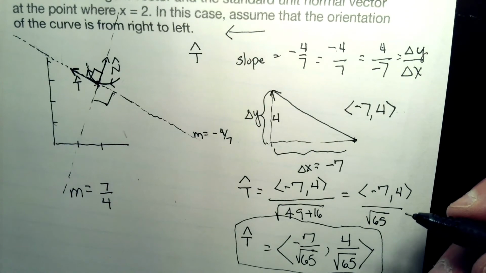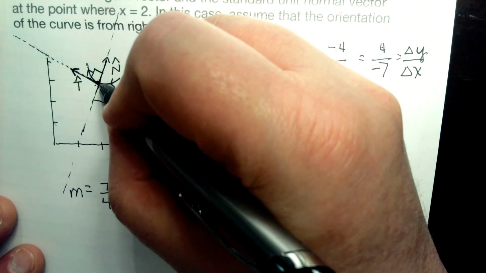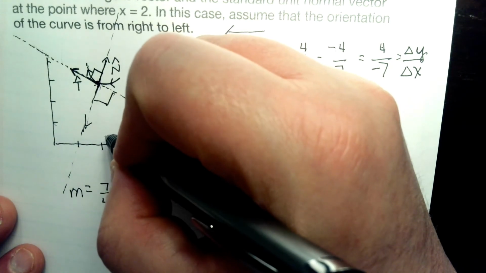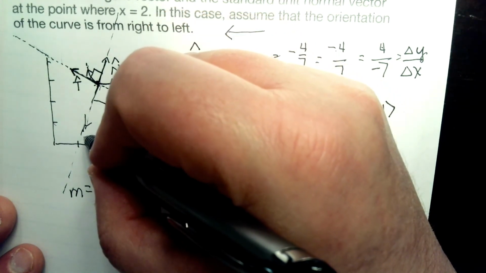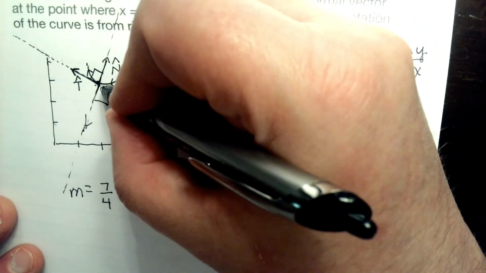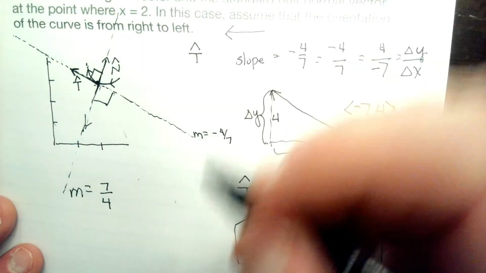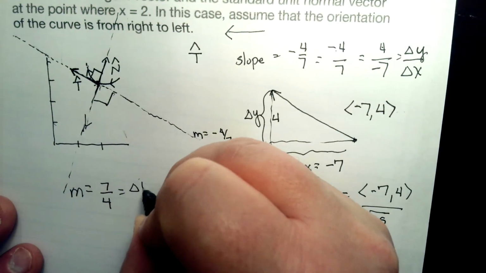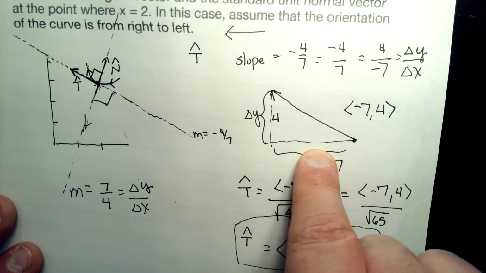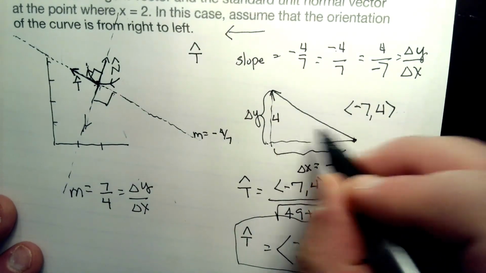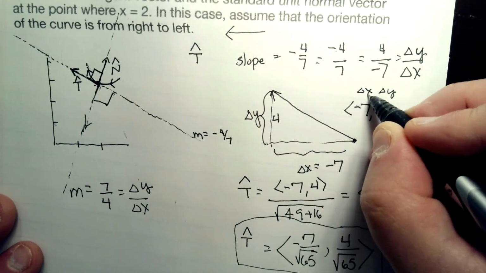So, what does that mean for our vector? Well, if it were pointing in this direction, the x and y components would both be negative. But it's pointing in this direction, that means the x and y components are both positive. So this is delta y over delta x, remember? And through an argument similar to what you did over here, remember this is the delta y and this is the delta x.